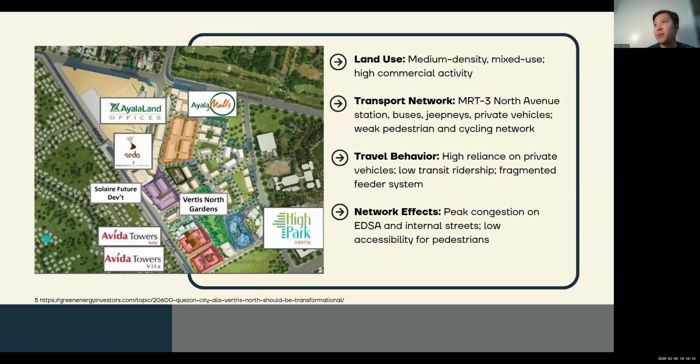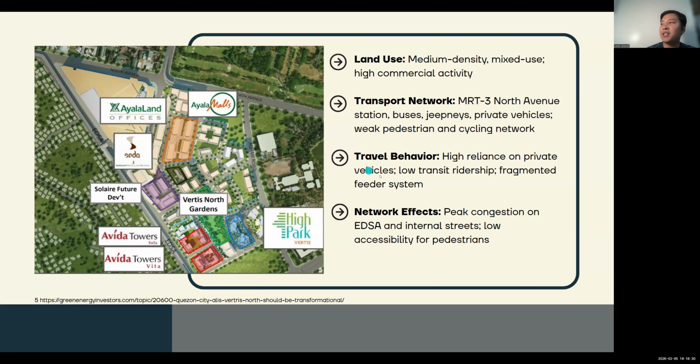The nearest public transport is MRT3 North Avenue Station. In terms of the impact on the transportation network, there's peak congestion along EDSA as we experience going to the north.